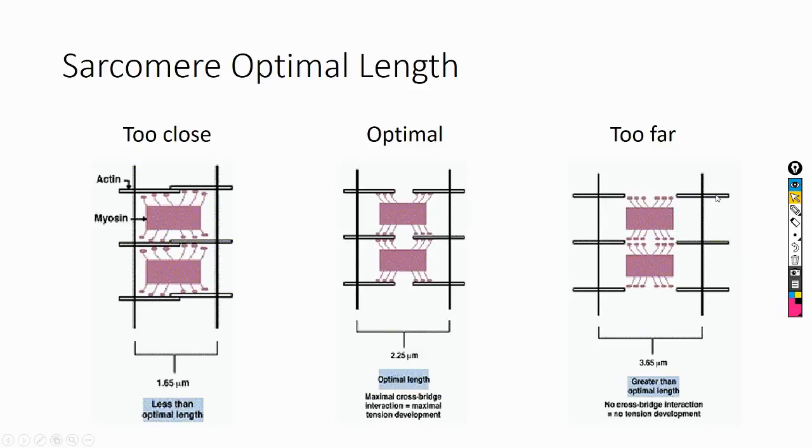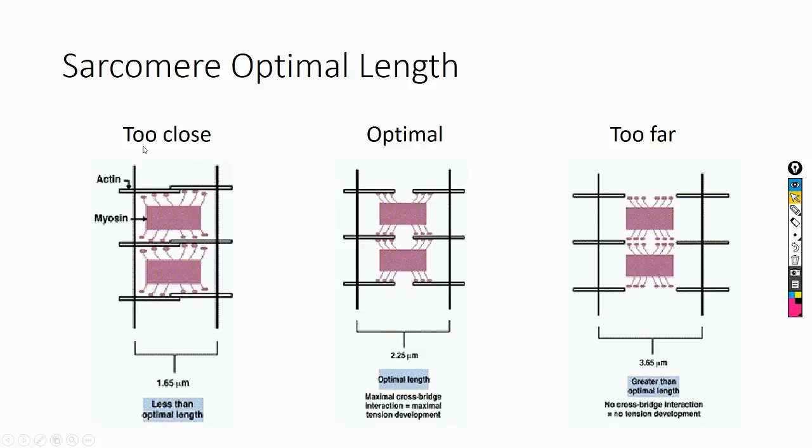So if you stretch a muscle too much, more than optimal length, then the actin and myosin aren't able to really interact in the way they would like to, and therefore you have fewer cross bridges attached, and as a consequence of that, you produce less force. Okay, the opposite is true as well.